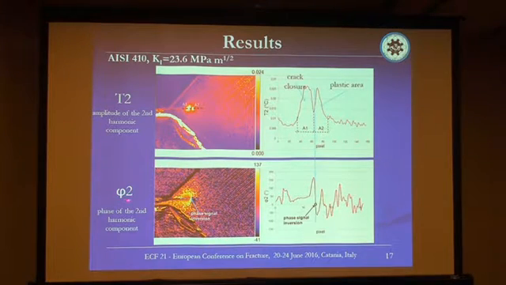Considering the phase of the second harmonic component, Phi2, it's possible to highlight a phase signal inversion at the same point where the minimum between the two areas is present. Probably this phase signal inversion is related to the crack tip position.